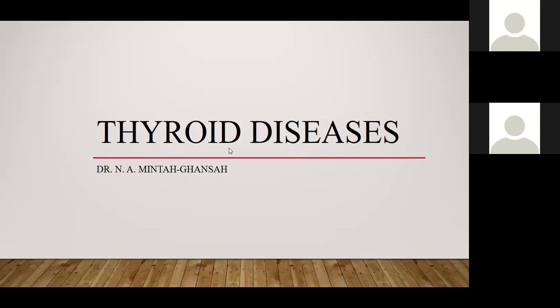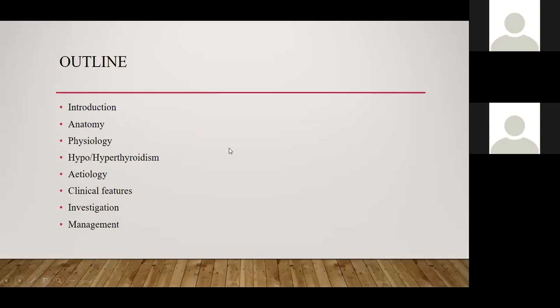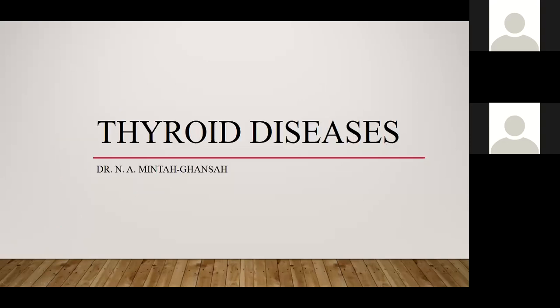So basically, in terms of thyroid diseases, we'll be looking at conditions that arise because the thyroid gland is overreactive and making excessive hormones. As we know, the thyroid gland makes the hormones thyroxine and triiodothyronine, or T4 and T3.